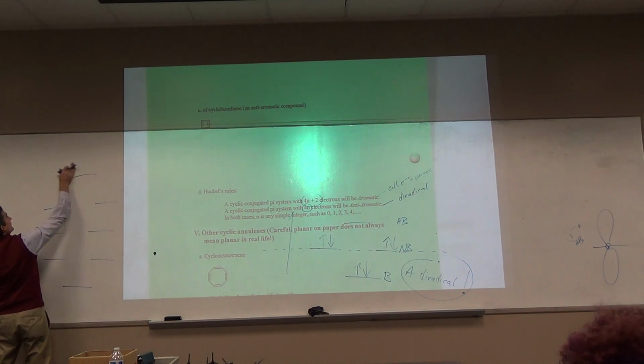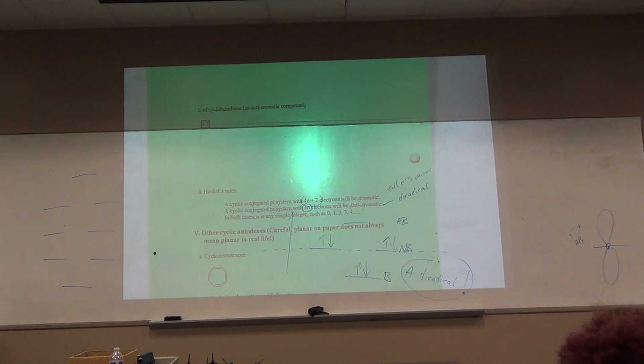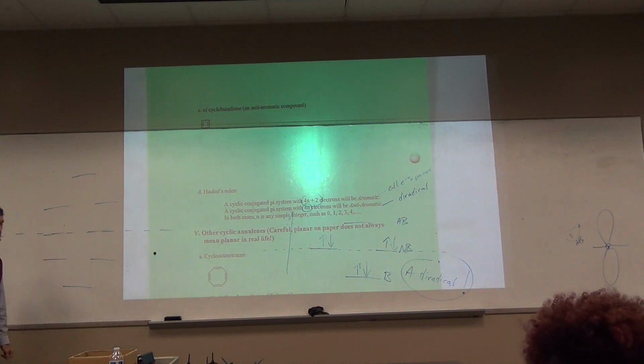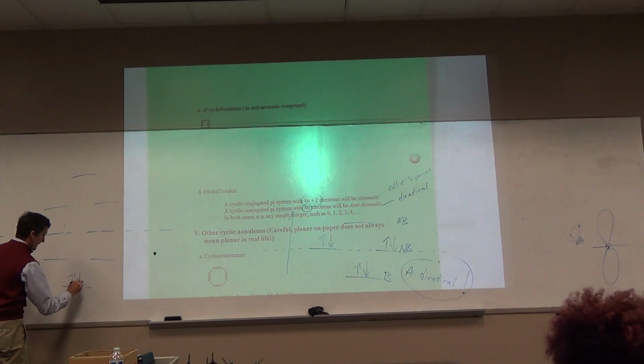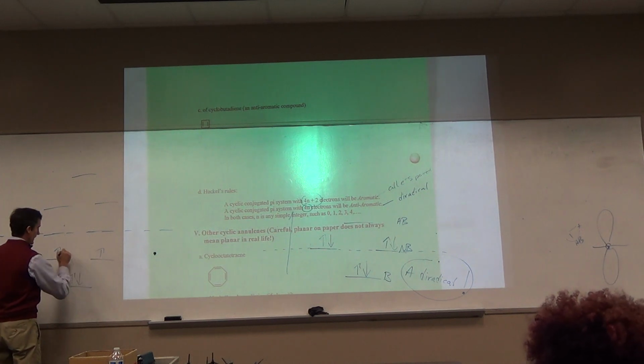There you go. Where's the midline? It actually is going to run right through here. Do I have 8 up here? Okay. How many pi electrons? 8. But they're unpaired.